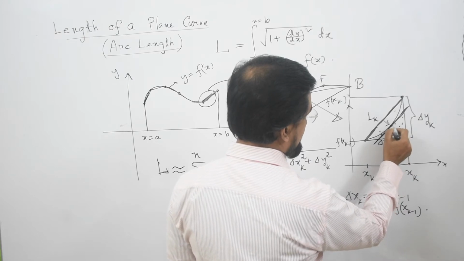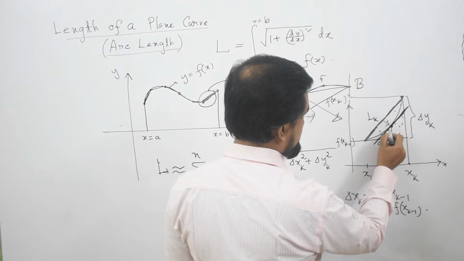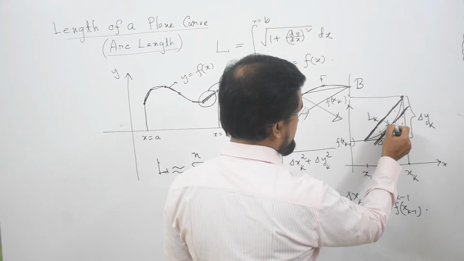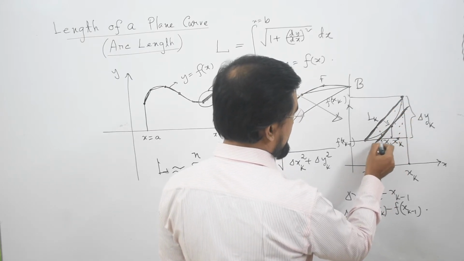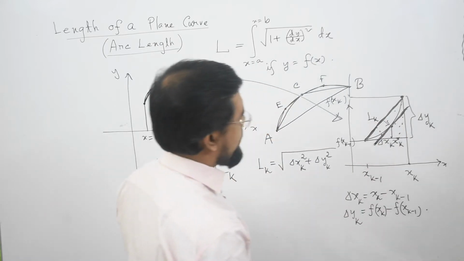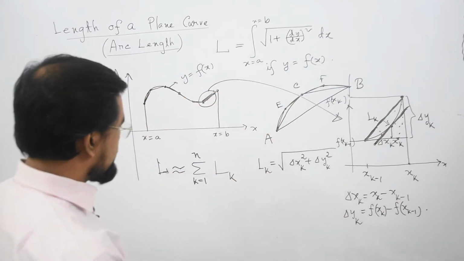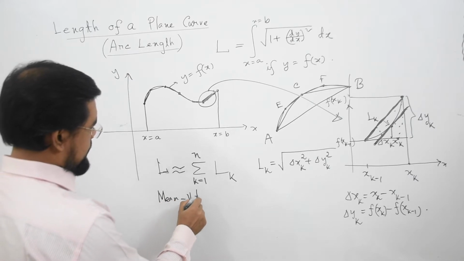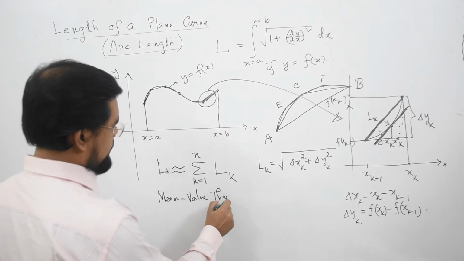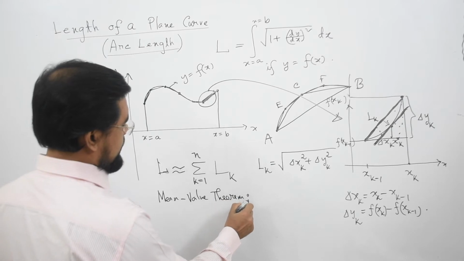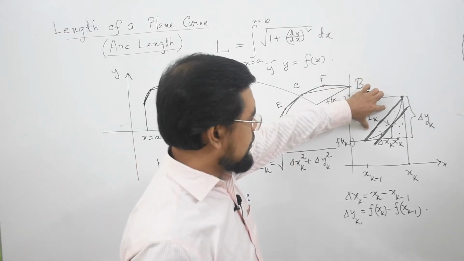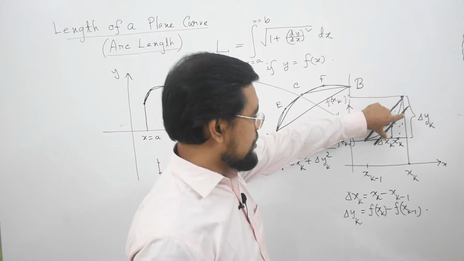So at x star k you will get a tangent line; this one is a secant line and this one is a tangent line. And there is a theorem called the mean value theorem. It says the slope of this secant line is equal to the slope of this tangent line.